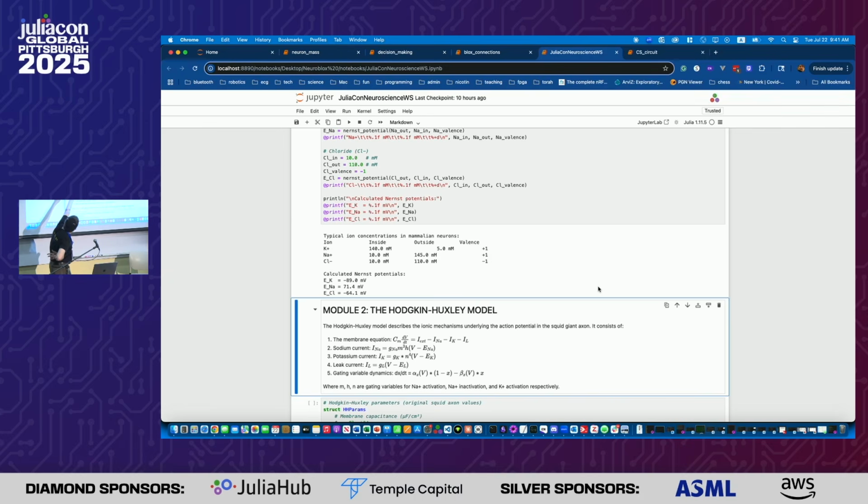A typical potassium concentration is about 140 millimolar inside the cell and 5 millimolar outside. Sodium is 10 millimolar inside and 145 outside, like the 150 millimolar salt in general outside the cell, and chloride is a little bit different. If you calculate the Nernst potential, you get about minus 90 millivolts from potassium, plus 71 millivolts for sodium because it's inverted, and chloride is minus 64.